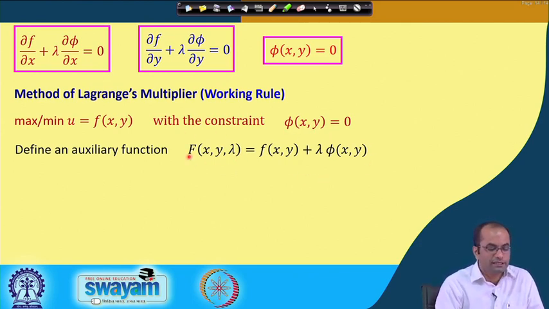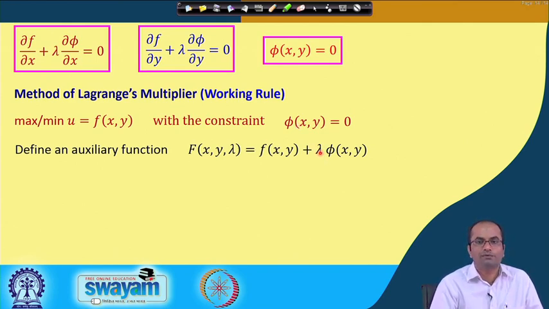In fact, this idea can be extended for when we have many constraints like phi 1, phi 2 and so on. Again we have to introduce lambda 1 phi 1, then plus lambda 2 phi 2. So, we have to introduce more lambdas. We are discussing just one constraint.